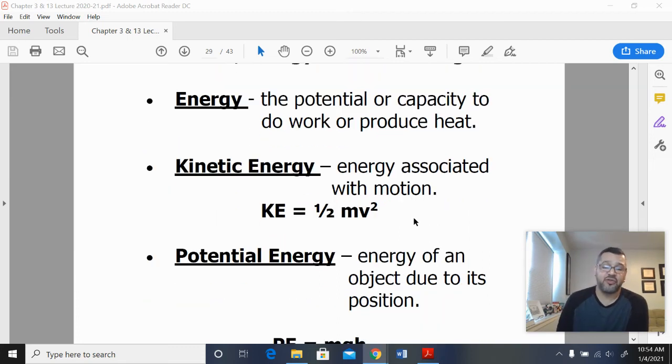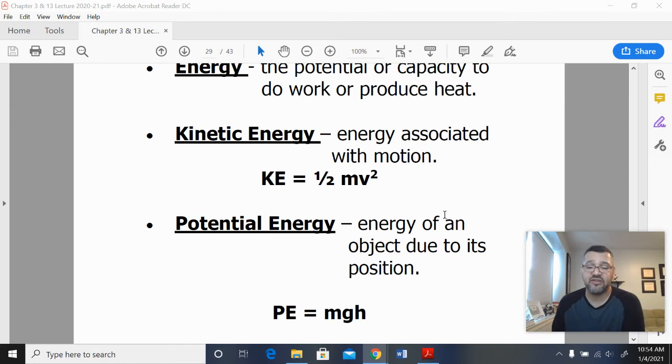The other kind of energy is what's called potential energy. Potential energy is the energy that's due to an object's vertical position, how high it is. And the higher it is, the more gravity pulls on it. And the equation is mass times g times h. H is the height and g is the acceleration of gravity. So it has to do with gravity.